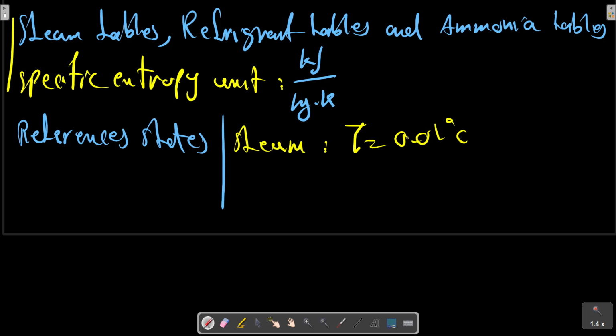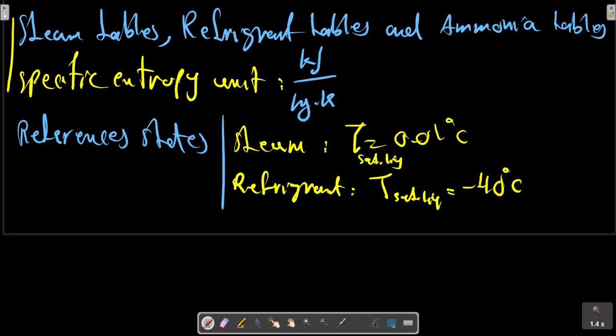For many refrigerants, the entropy of saturated liquid at the reference temperature in centigrade is assigned the value of 0.